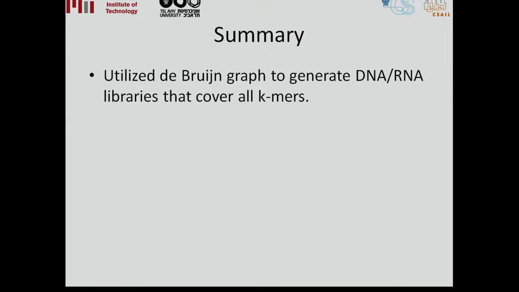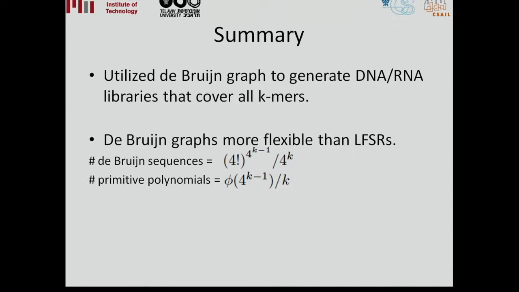We can also assign different multiplicities to the different k-mers and just rerun the algorithm. So to summarize, I hope that in this talk I convinced you that de Bruijn graphs are very useful for the purpose of designing libraries of RNA and DNA probes. I think one of the reasons why they are so useful is that they are much more flexible, and indeed they can produce all possible de Bruijn sequences.